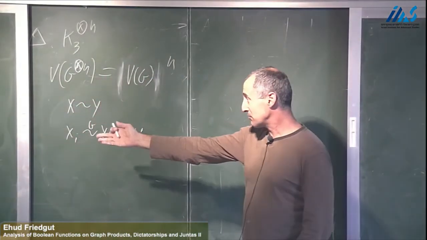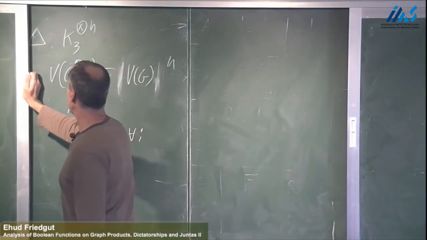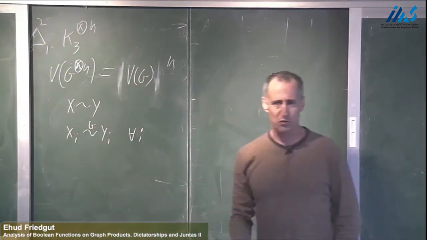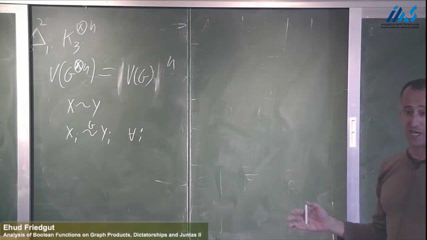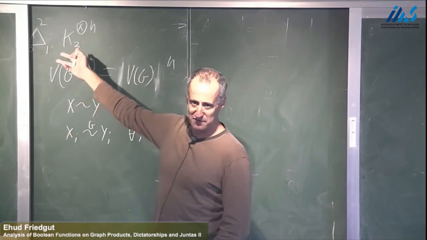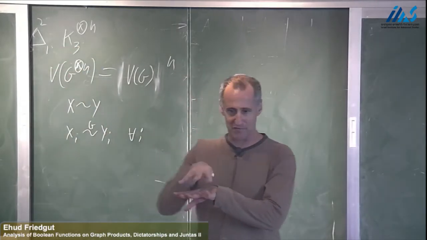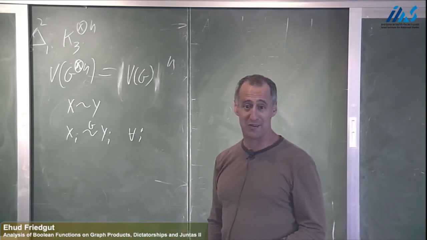So for example, in this graph, you start with a triangle which has vertices 0, 1, and 2. In the nth product, you have vertices which are trinary vectors of length n. Two of them are adjacent if in every coordinate they're adjacent in the base graph, and being adjacent in the base graph just means being different. So two are adjacent if they're different in every coordinate. And now I'm asking you to give me a 3-coloring of that graph.